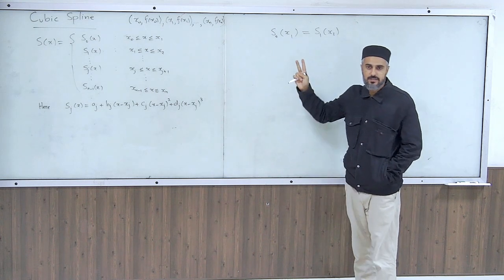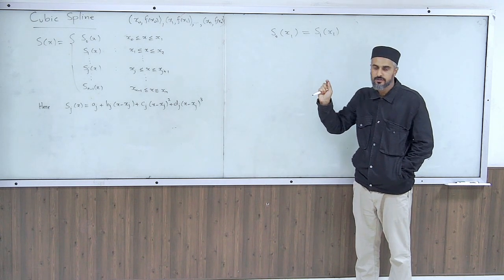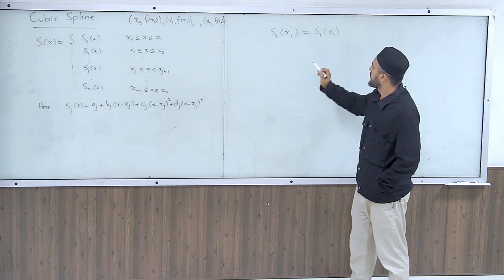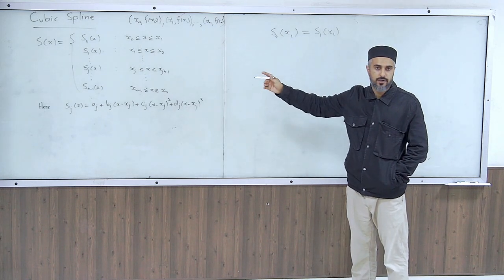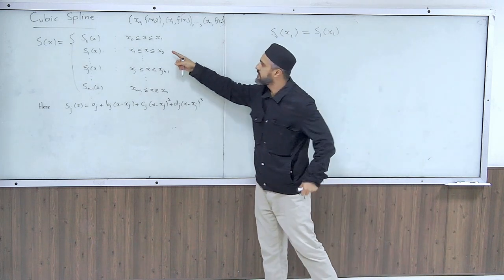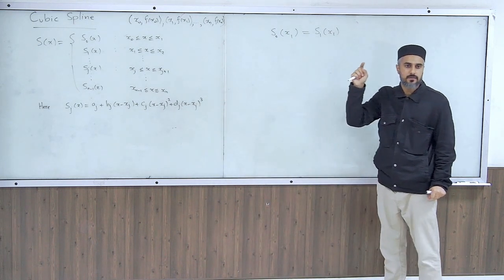This condition is to connect the polynomials. Then we impose that this condition should hold for every interior point. What are the interior points? x1 till xn minus 1. x0 and xn are the endpoints.